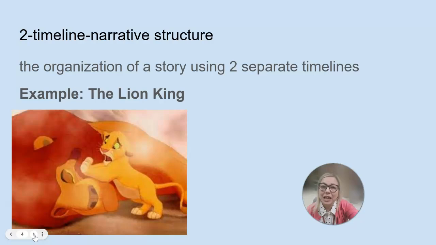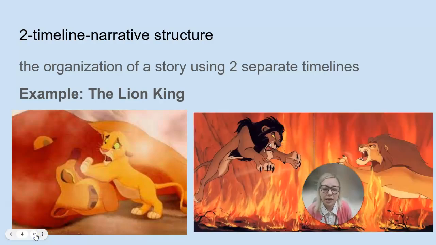And then later we see him as an adult, and eventually he comes back, right, and avenges his father's death by fighting with Scar after he learns the truth about how his dad died. So we have two separate timelines, but unlike our book that we're reading now, they don't happen at the same time. We see what happened before in the beginning of the movie, and then we see what happens later in the movie, and we don't really go back and forth.